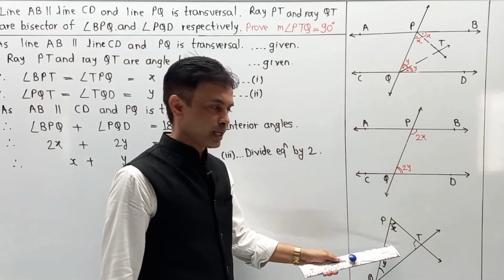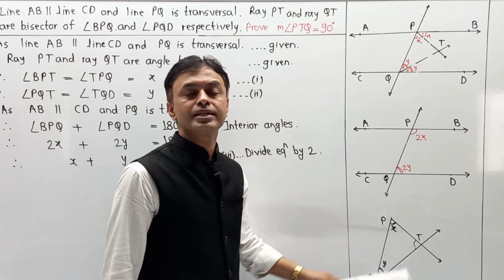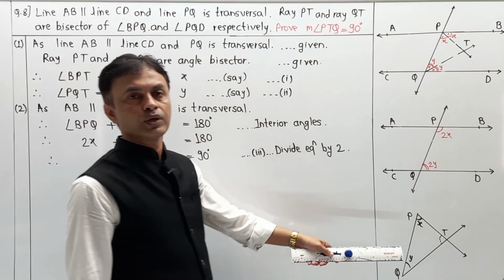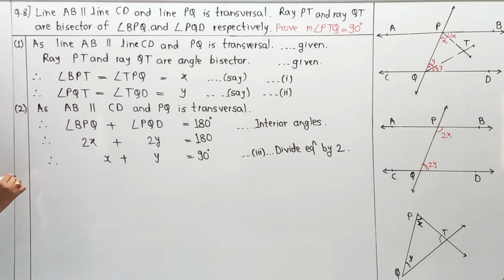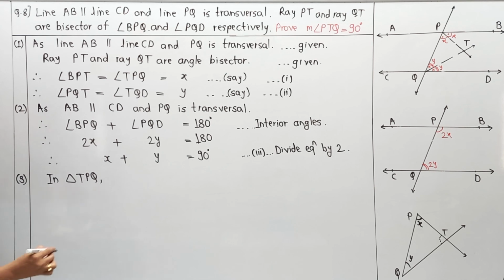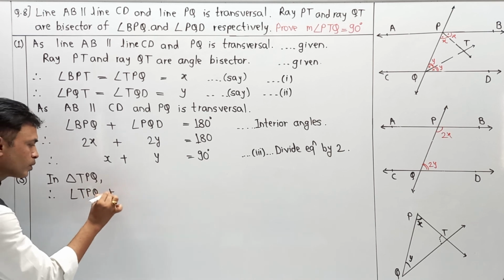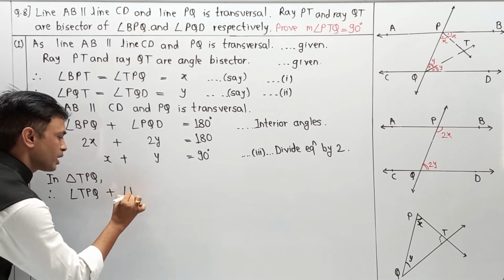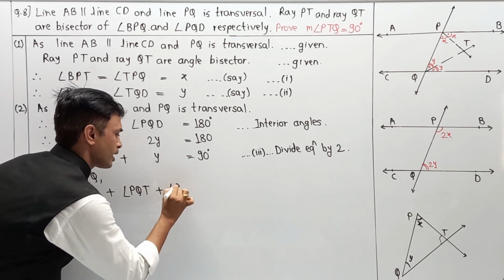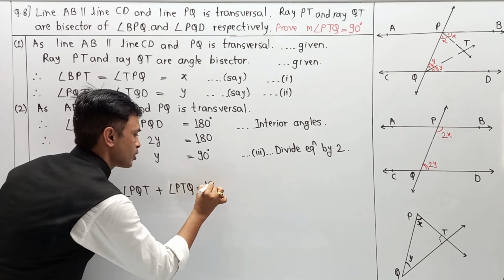Now from this triangle, the addition of all three angles is 180 degrees, in which x plus y is 90, that we know. Doing that calculation, the third part: in triangle TPQ, first angle TPQ plus angle PQT plus angle PTQ is equal to 180 degrees.